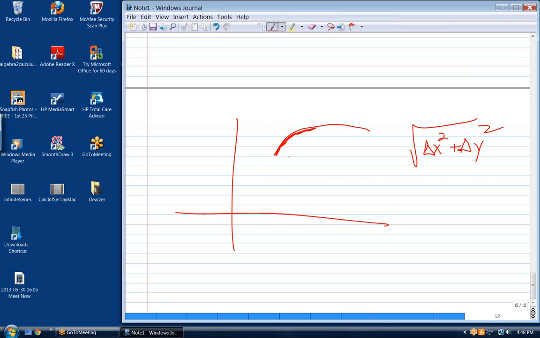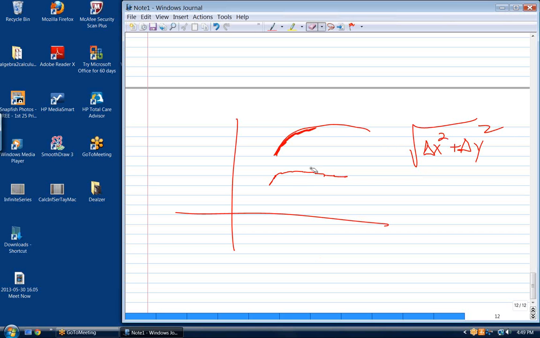If we try to find arc length by the same techniques that we do everything else in calculus, which is use Riemann sums, my arc becomes a bunch of straight lines that are infinitely small.